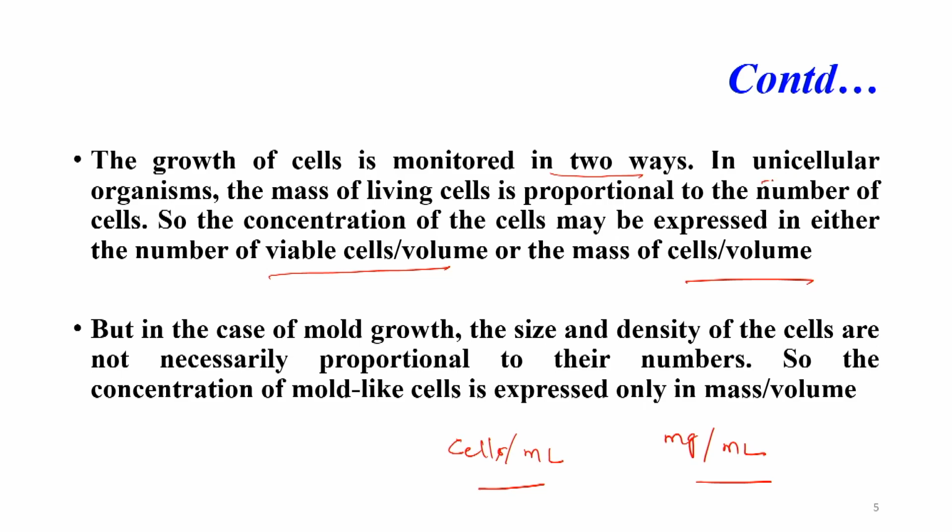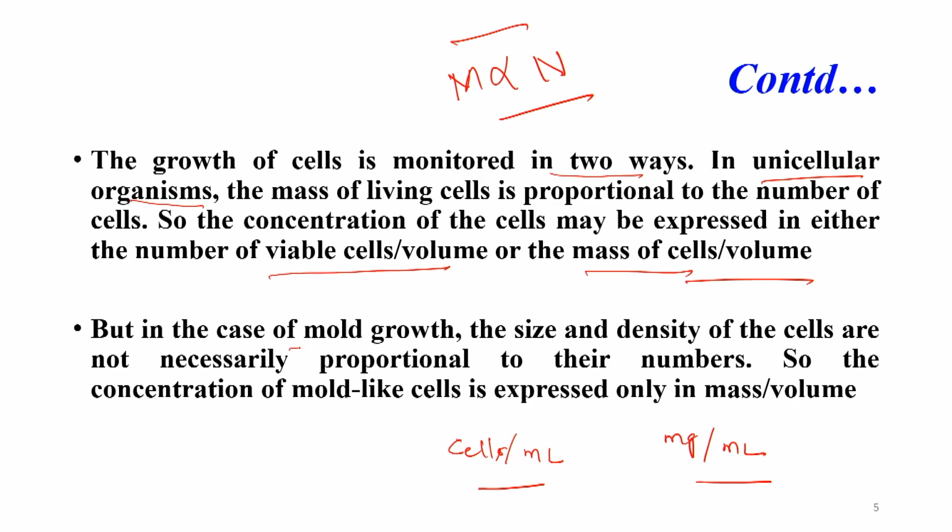Typically, in the case of unicellular organisms, the mass of living cells is proportional to the number of cells. So, M is proportional to N, and this can be expressed either in terms of number of cells per unit volume or mass per unit volume.